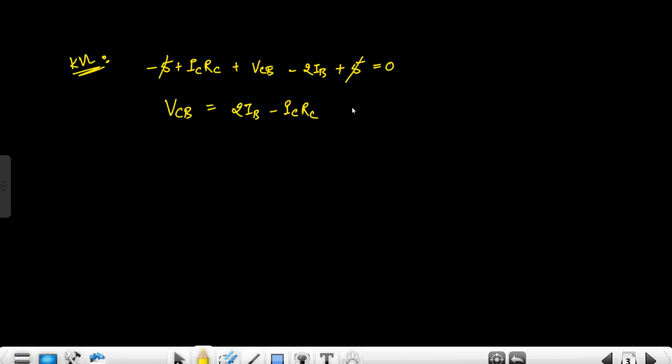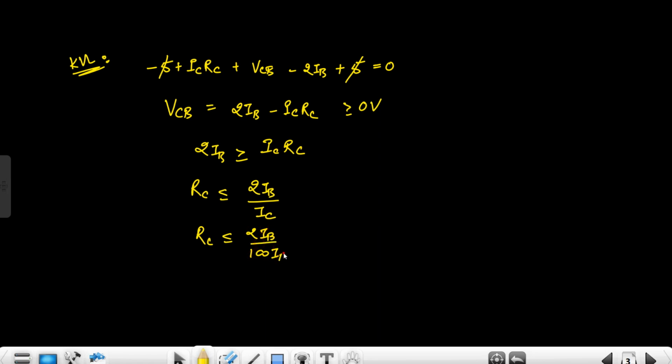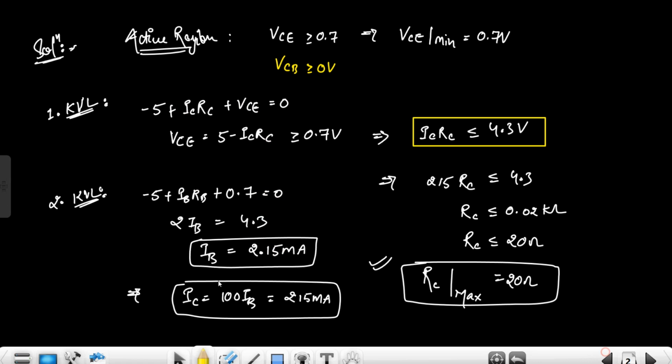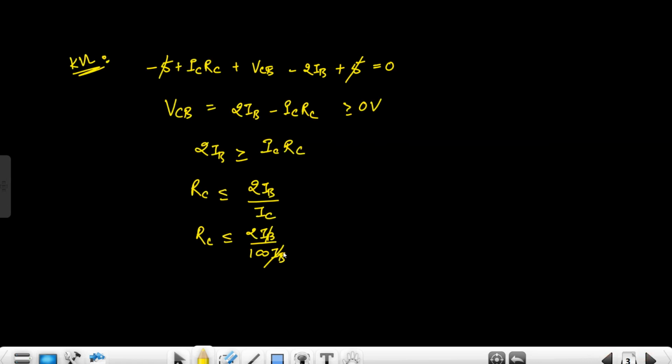So 2IB should be greater than or equal to IC into RC, and here RC will be less than or equal to 2IB upon IC. Now we can simply substitute IC to be 100 IB, and there is no need to calculate the individual IB and IC here. So we have got the answer in the ratio only.